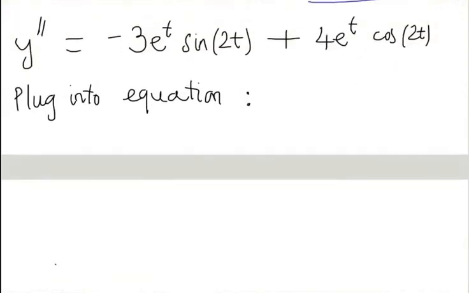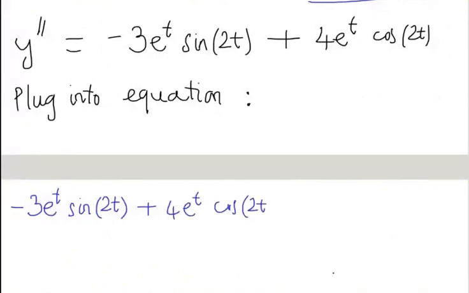Begin with the second derivative: minus 3 e to the t sine of 2t plus 4 e to the t cosine of 2t. This is my second derivative.